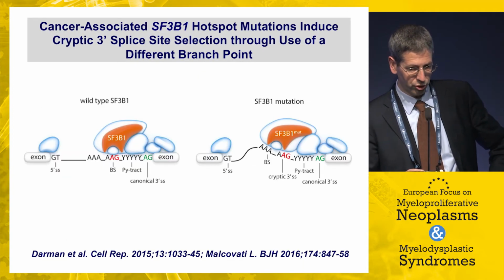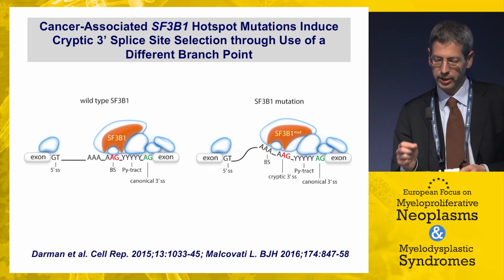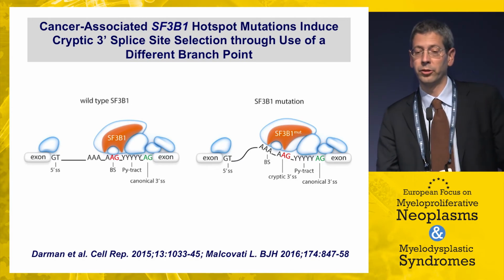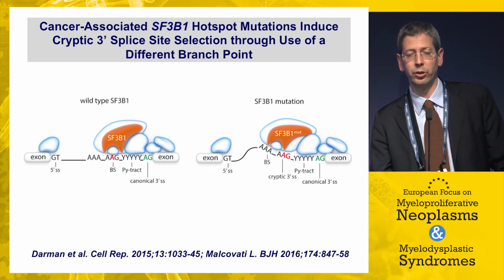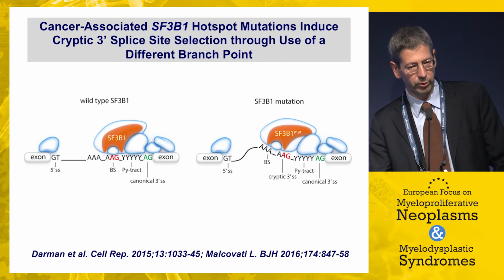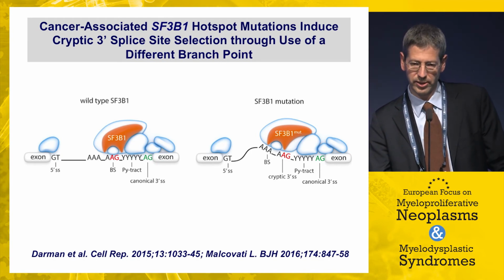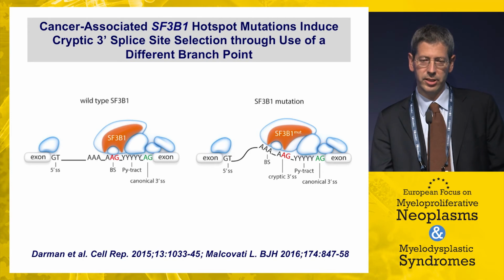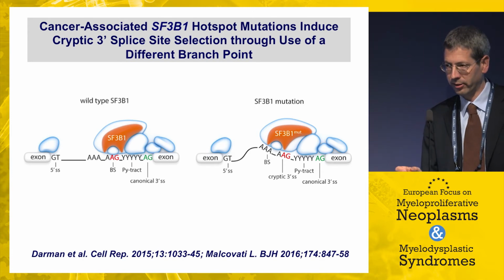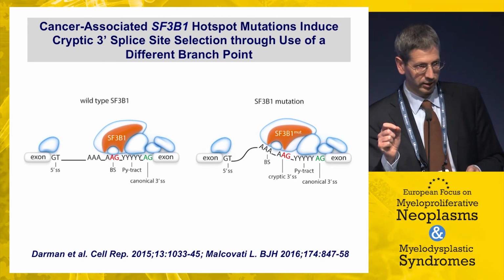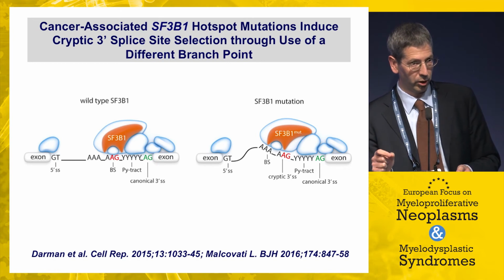And in fact, it was shown that mutations in these splicing factors induce the recognition of cryptic 3' splice sites that in turn result in a frame shift and in the introduction of stop codons.